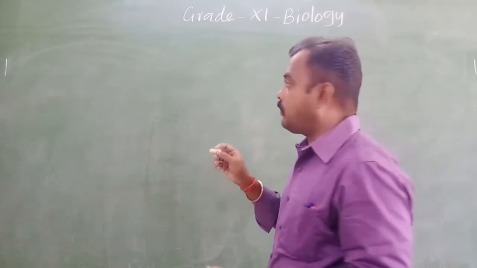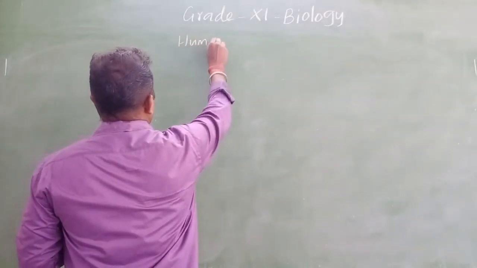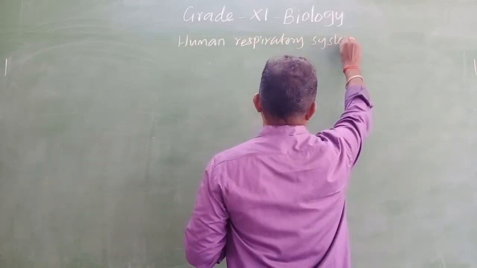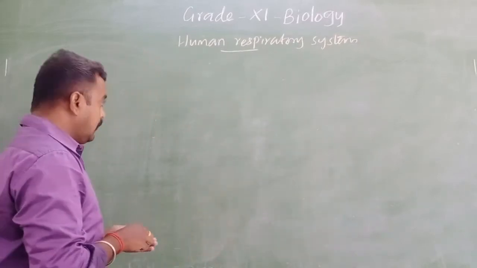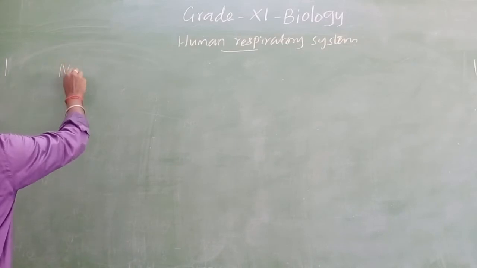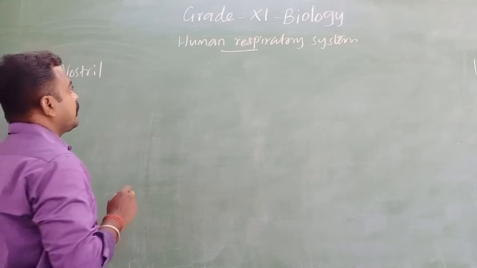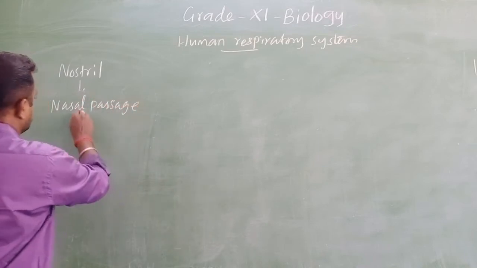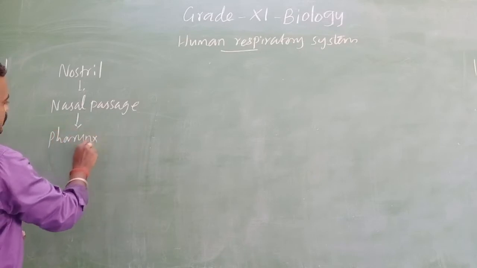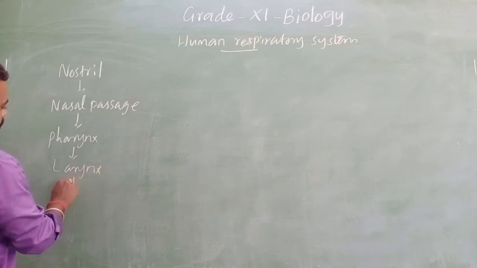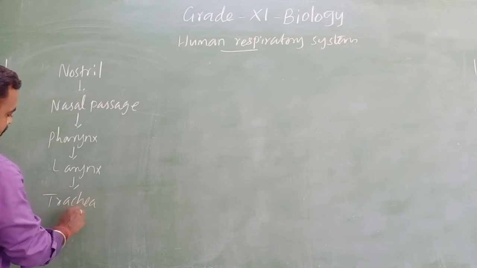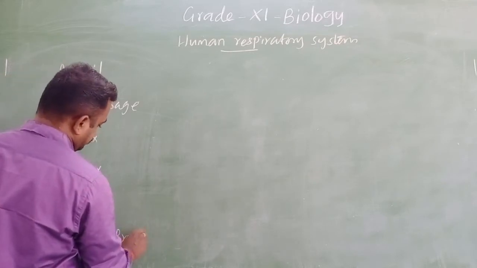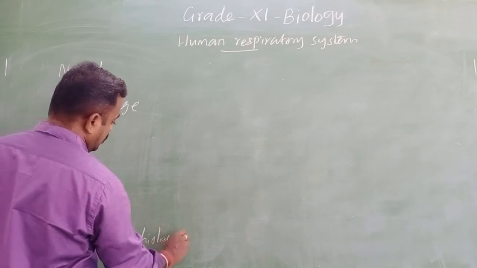As we said before, it starts with the nostril, then the nasal passage, then pharynx, then larynx, then trachea, then bronchi, then bronchioles, then alveoli.